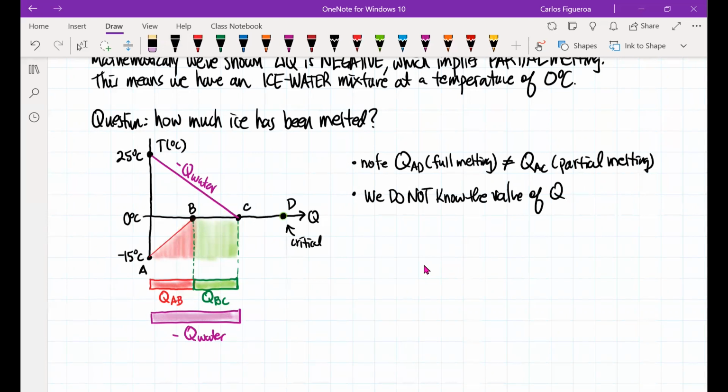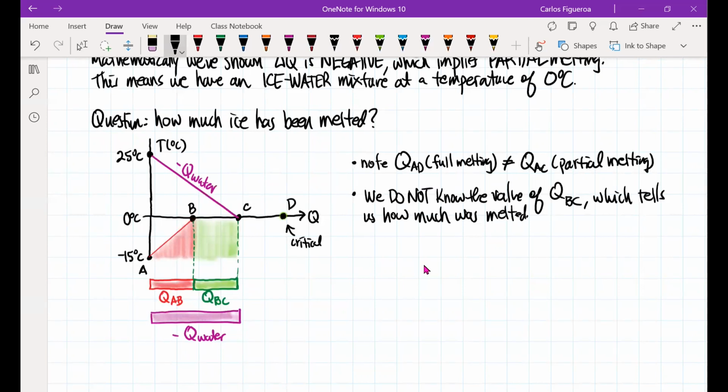It's got to be between B and C. We don't know the value of BC because it's that green that tells us about partial melting. So we don't know the value of QBC, which tells us how much was melted.